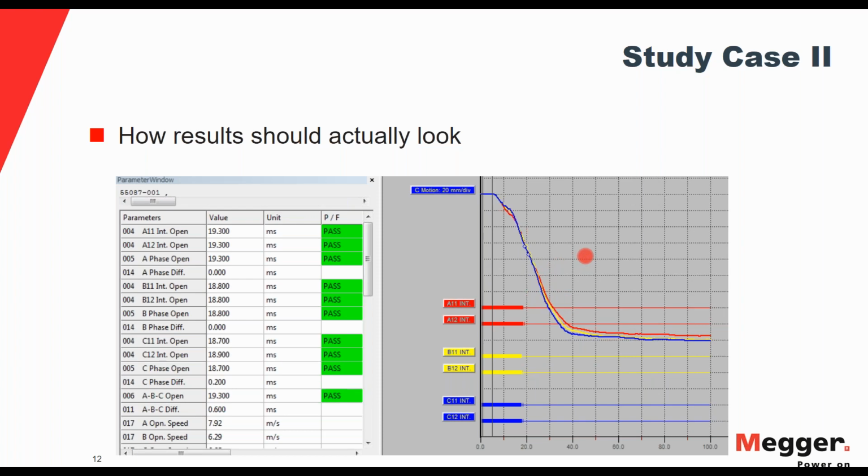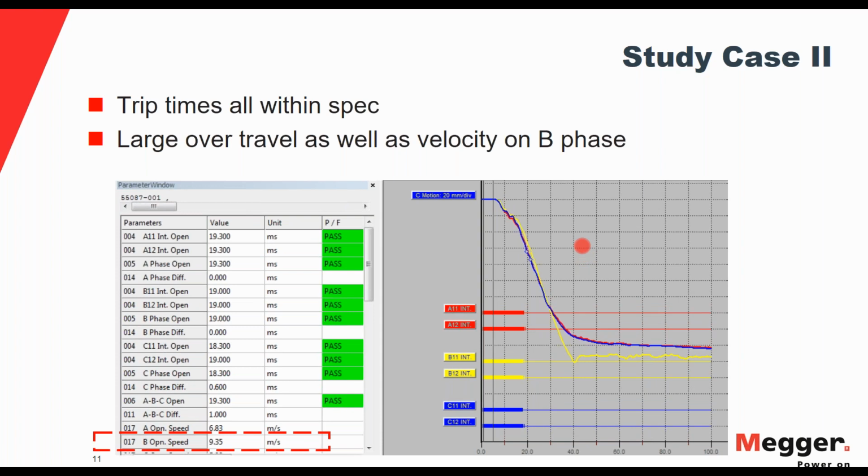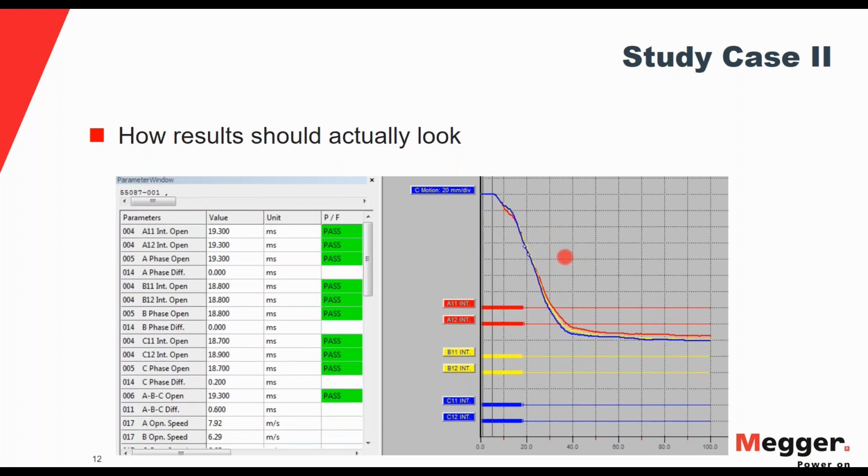They are still the same. There is no difference between before, when phase B was acting differently from the other phases, and after, when phase B was adjusted. So the timing test didn't really tell the difference, and this is a series of problems that, after multiple operations, could end up failing the breaker, and catastrophic things could happen from this.